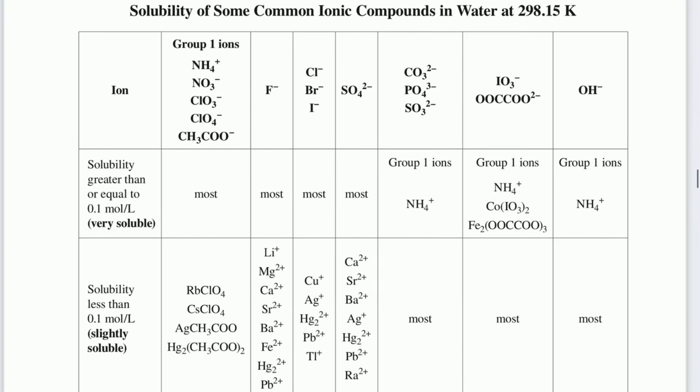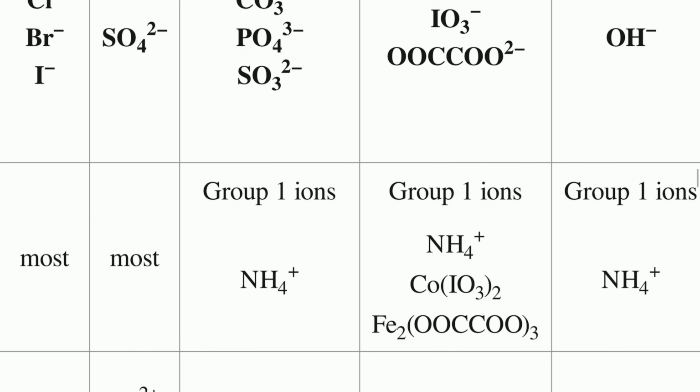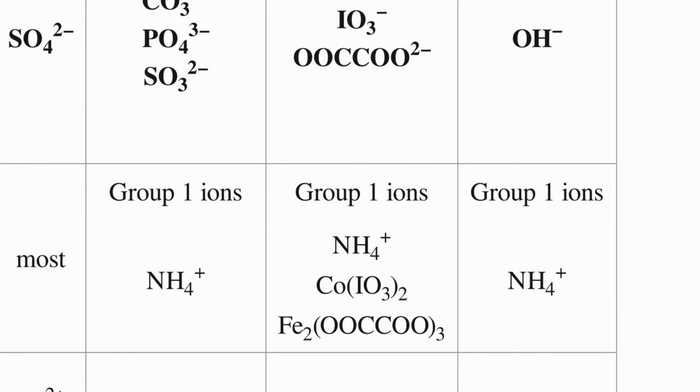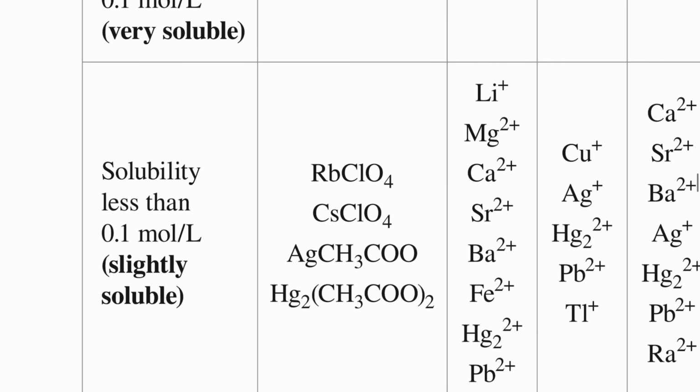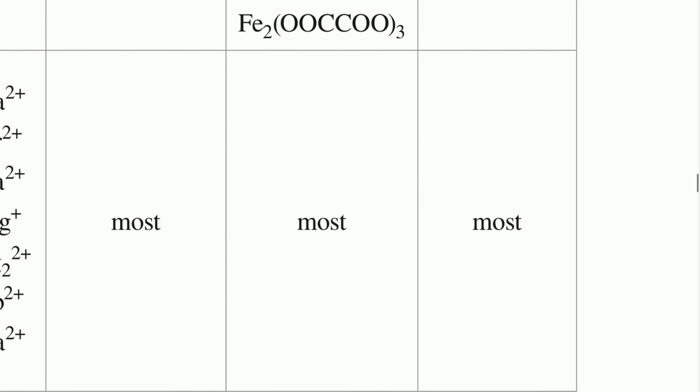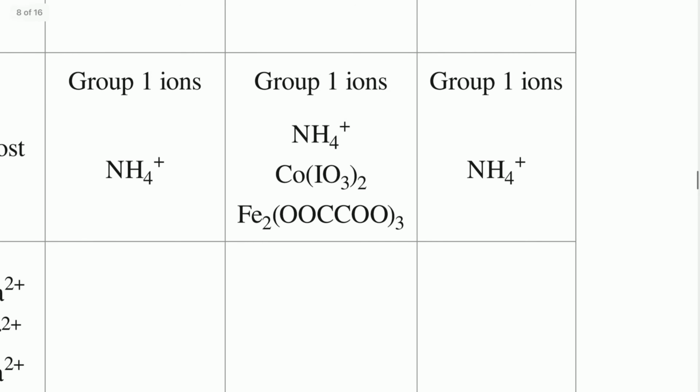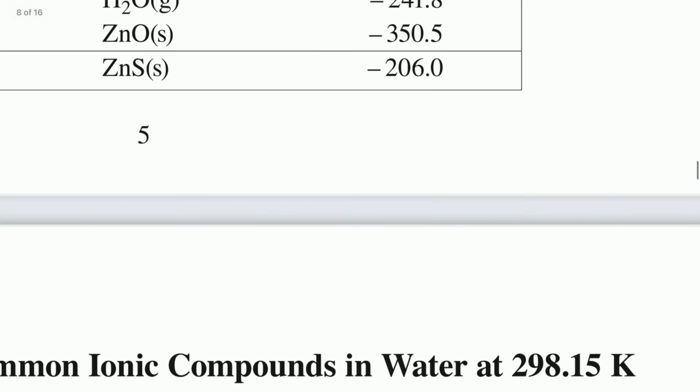When we look at the solubility chart and we look at the anion OH-, we can see that the majority of substances that react with it are going to be slightly soluble or not soluble. The only ones that will be soluble are the ammonium ion, NH4+, and anything in group 1.